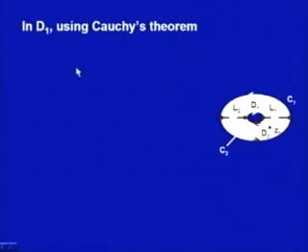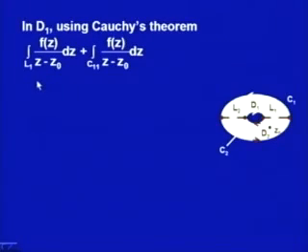So, let us start with the domain D1. Domain D1 is simply connected, and if I take the boundary of this domain, I get a closed curve in a simply connected domain. So, using the Cauchy integral theorem, the integral should be 0. In D1, using the Cauchy theorem, the function f(z) upon z minus z naught is analytic throughout this region, because it is not analytic only at the point z naught.